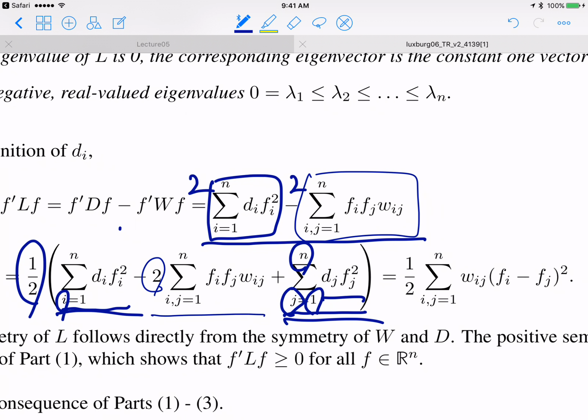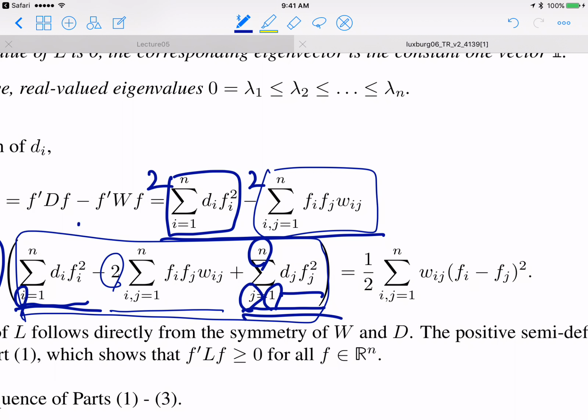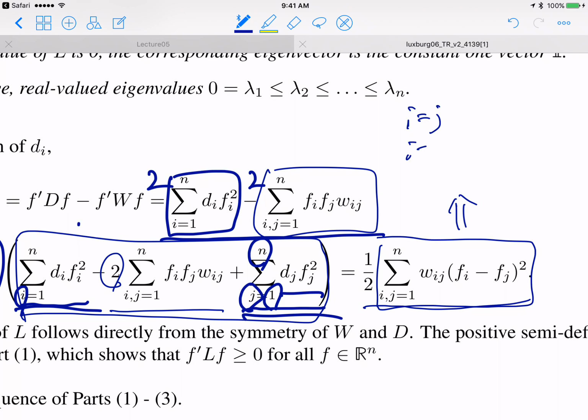Now if we rewrite this part, we just separate it into 2 parts: when i equals j or i does not equal j.